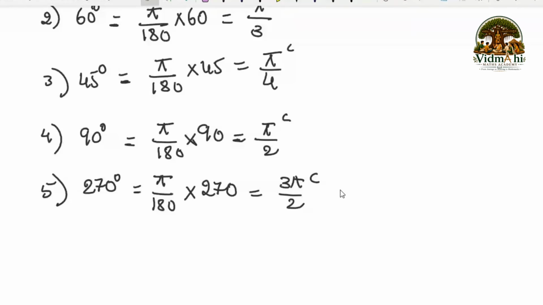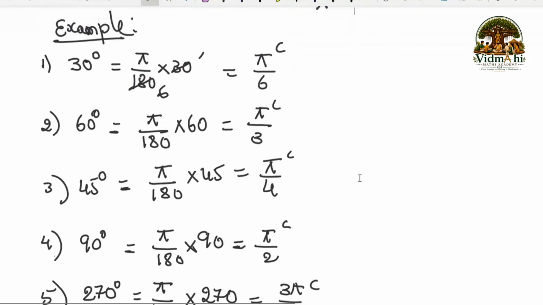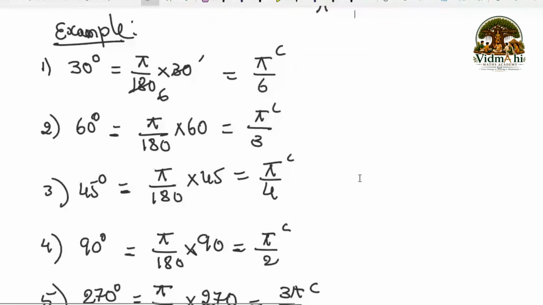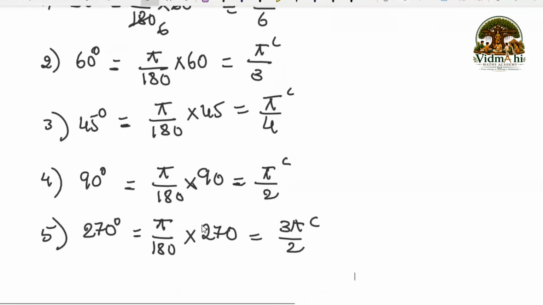These are some standard results you should remember: 30 degree is pi by 6 radian, 60 degree is pi by 3 radian, 45 degree is pi by 4 radian, 90 degree is pi by 2 radian, and 270 degree is 3 pi by 2 radian.